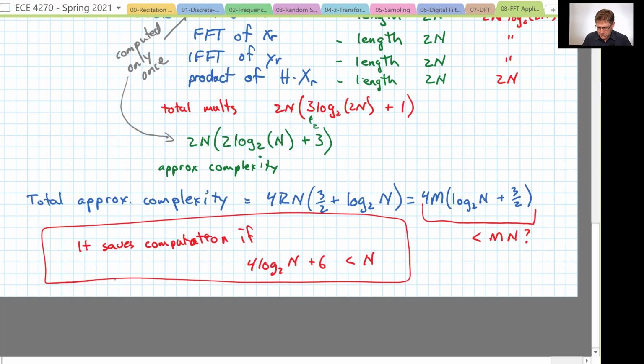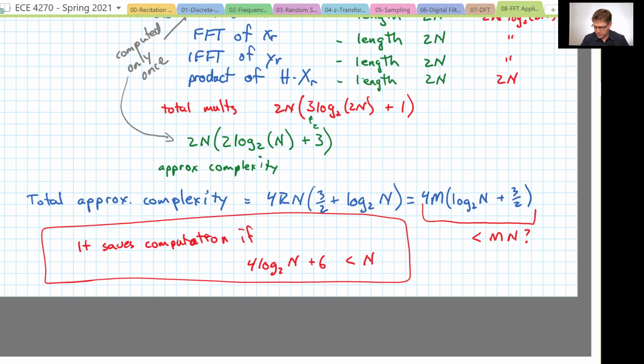Now, it should be noted that if we're right there on the border, just do the straight convolution, because from a computational point of view, computers are much more efficient at just accessing data in a nice linear fashion. And this involves doing a whole lot of different types of computation, which means the overhead is a problem. So when does this happen?